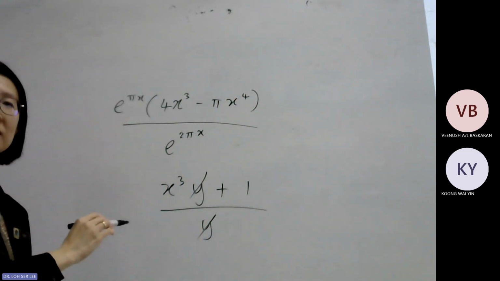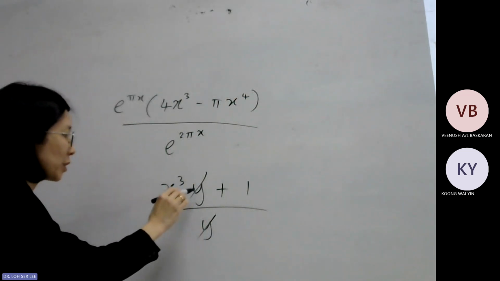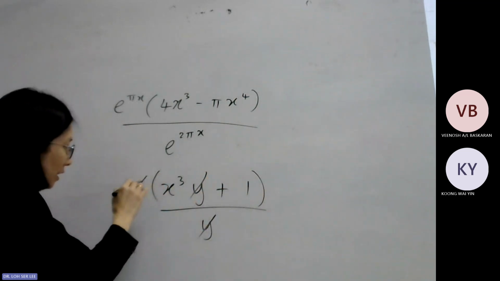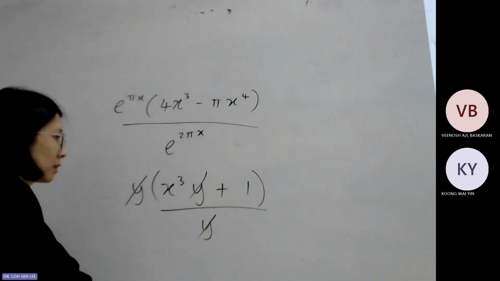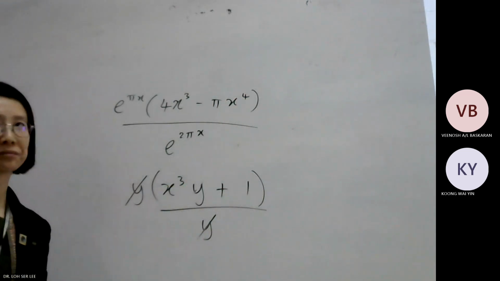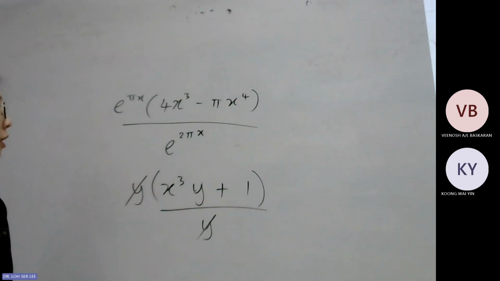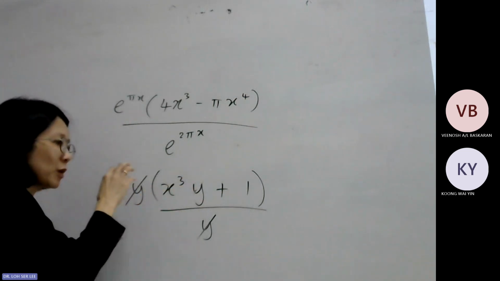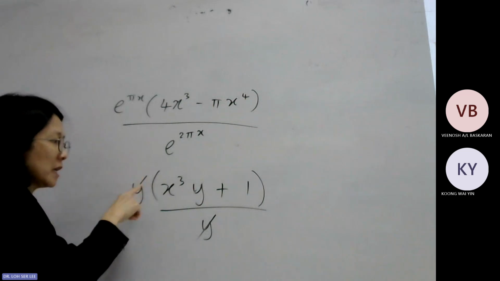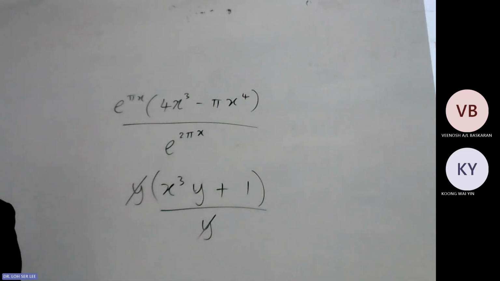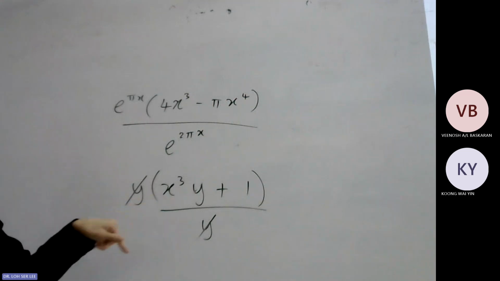No, we can't do this, because you have to make sure the y is multiplied to the whole function, then you can cancel out that y. You can't cancel out one of it. So before you cancel out, you have to make sure the function that you want to cancel out is multiplied to the rest of the function in the bracket.